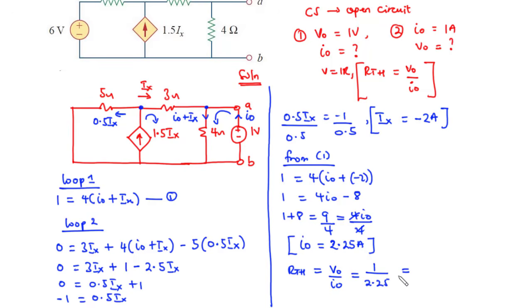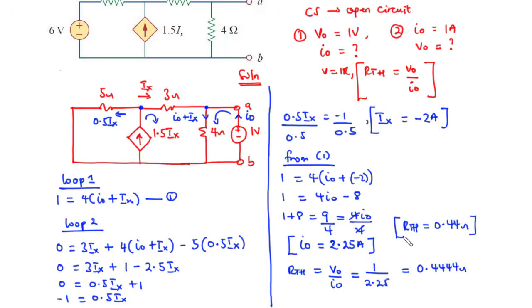Now 1 over 2.25 is equal to 0.4444 ohms. Therefore we have Rth equal to 0.44 ohms, that is to 2 decimal places.